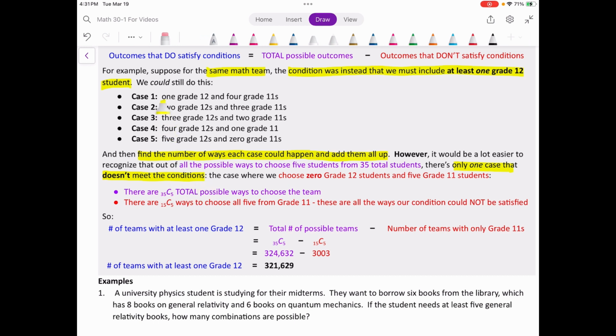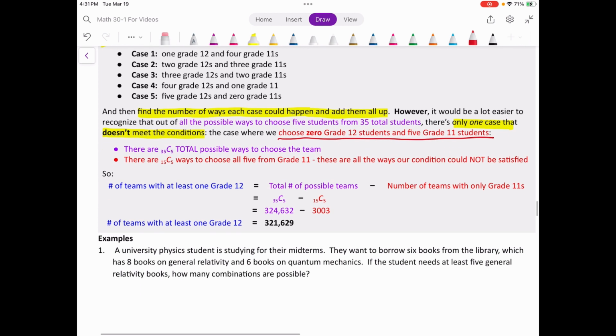And that's if we choose 0 grade 12s and 5 grade 11s, right? That is the one case where we would not be satisfying what we need to do for this team. So there are 35 choose 5 total possible ways to choose the team. There are 15 choose 5 ways to choose all 5 of them from grade 11.